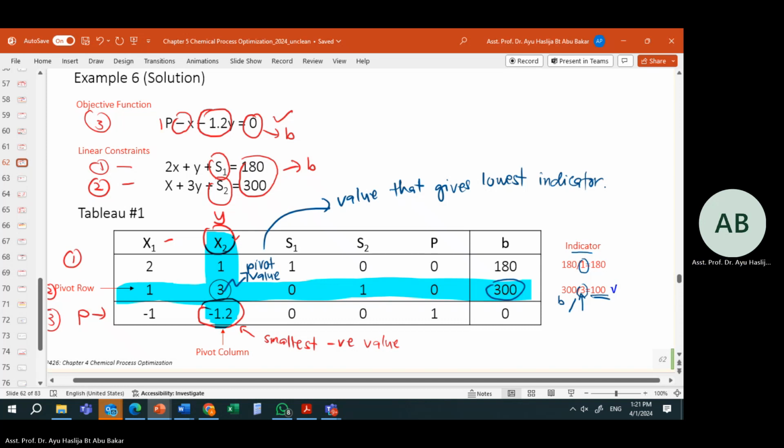Any question? This one will cover question 5 in your final exam, another type of question.